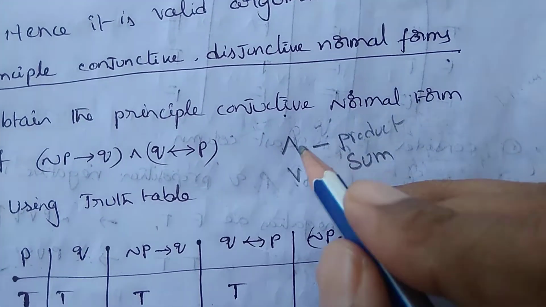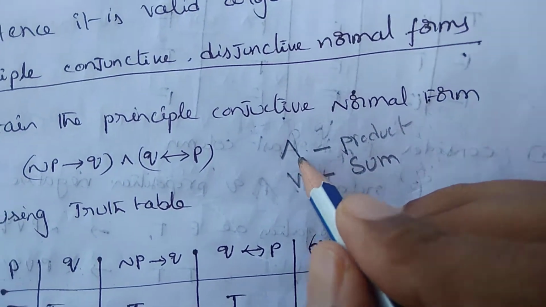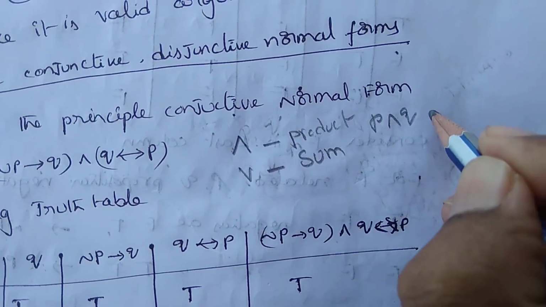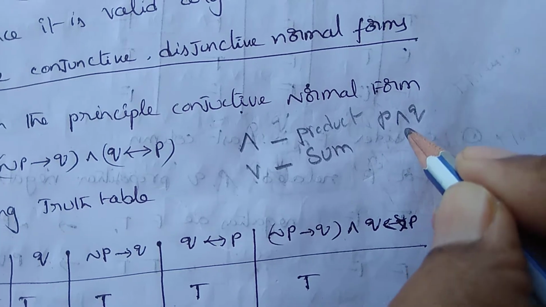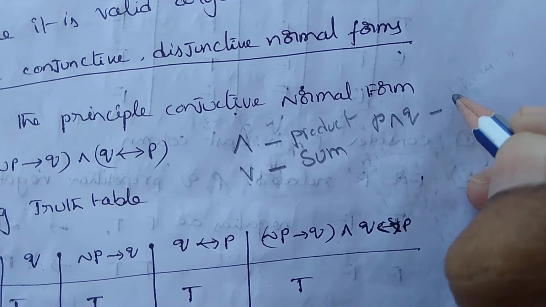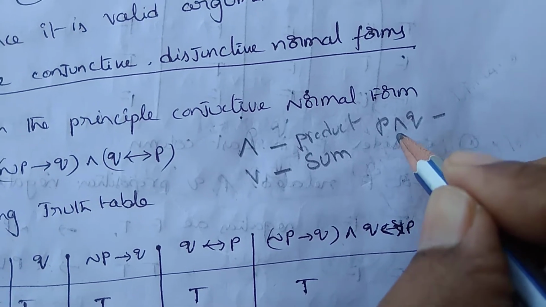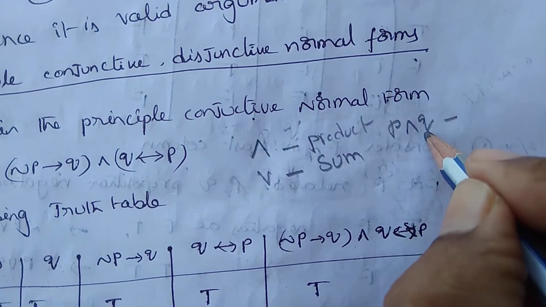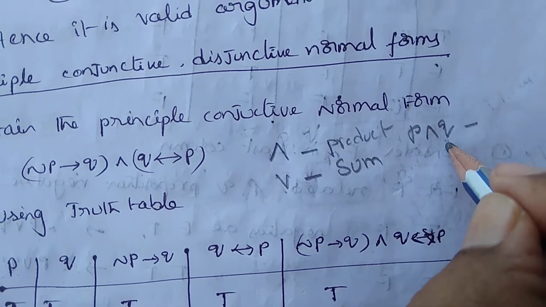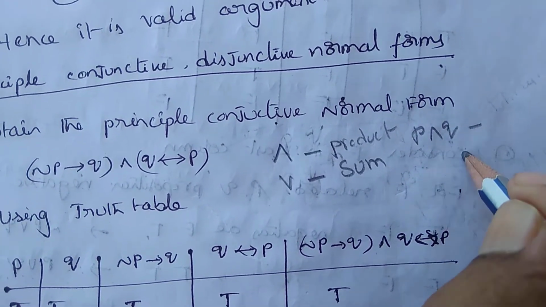So next, with this symbol, if P and Q are two propositions, this is called the product of the propositions P and Q. If you take P and Q truth values, they are TT, TF, FT, FF, like that.